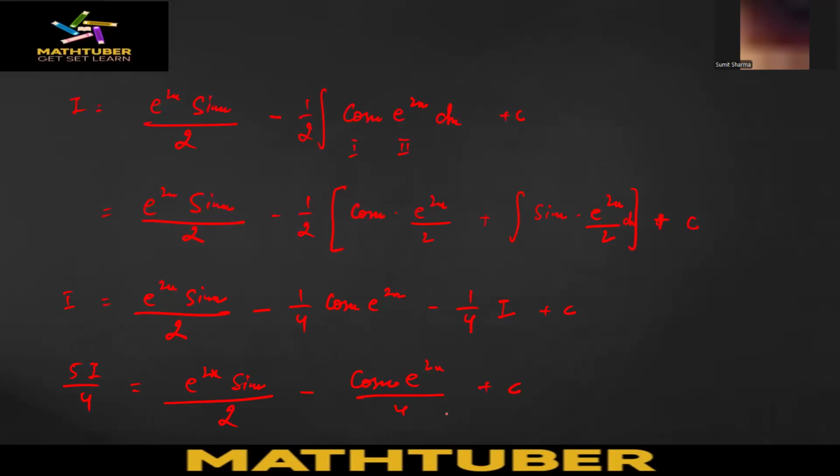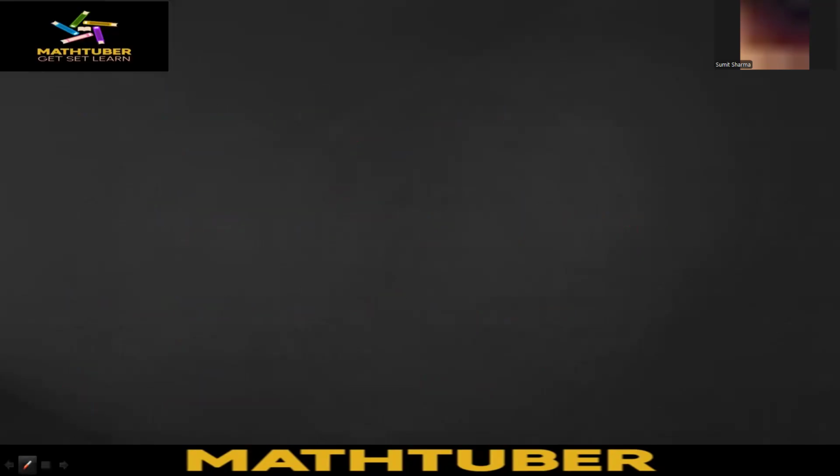And if we multiply the whole equation by 4 by 5, you'll get the value of I from here. So I will be equal to 4 by 5 into e raised to power 2x sin x divided by 2 minus e raised to power 2x cos x divided by 4 plus c.